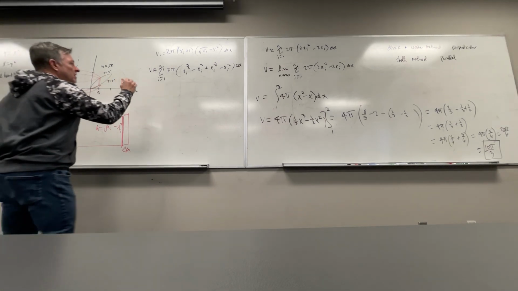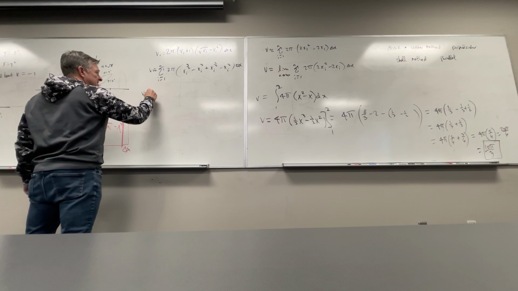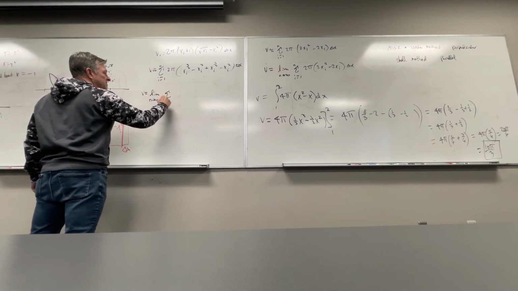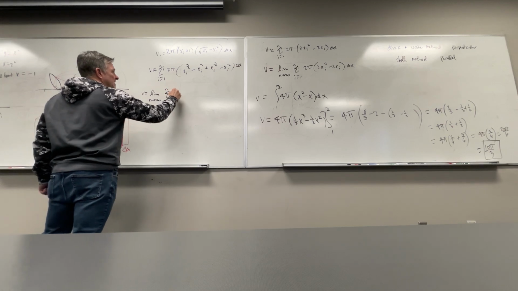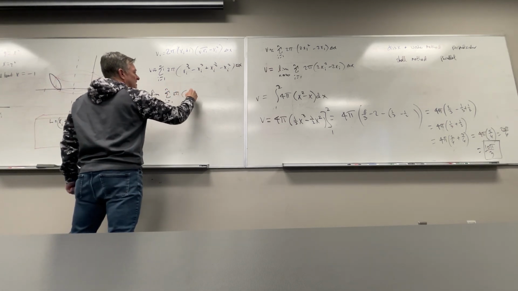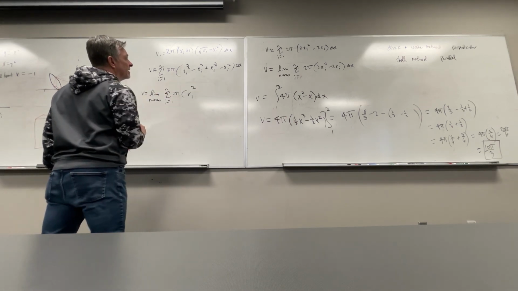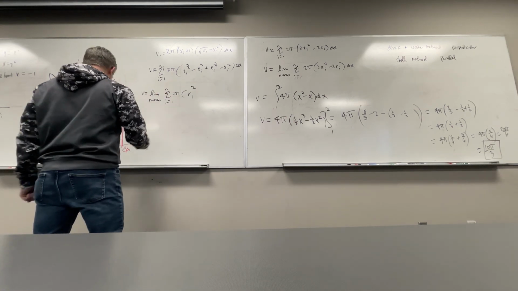And so now our volume is exactly the limit as n goes to infinity, sum i equals 1 to n, 2 pi x sub I. Let's see, let's put these in order. So x sub I squared, oh, no, cubed.